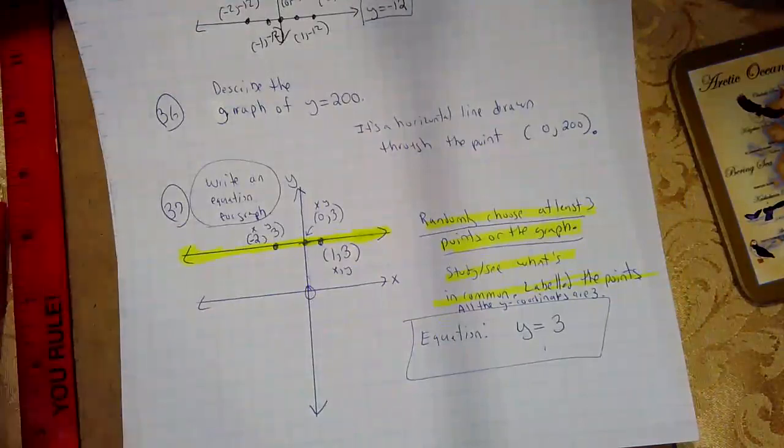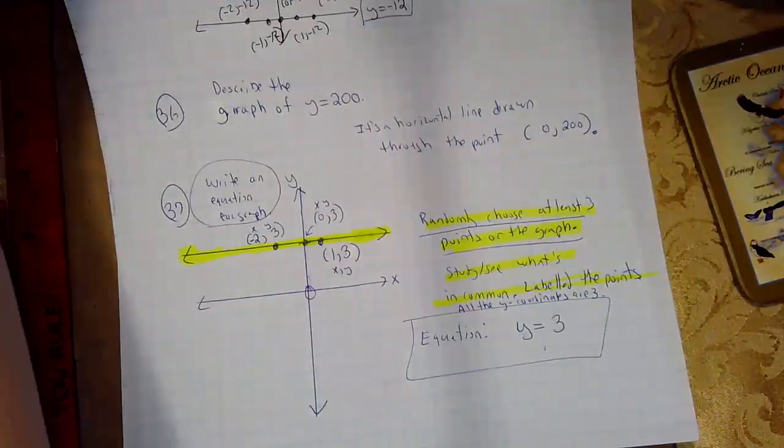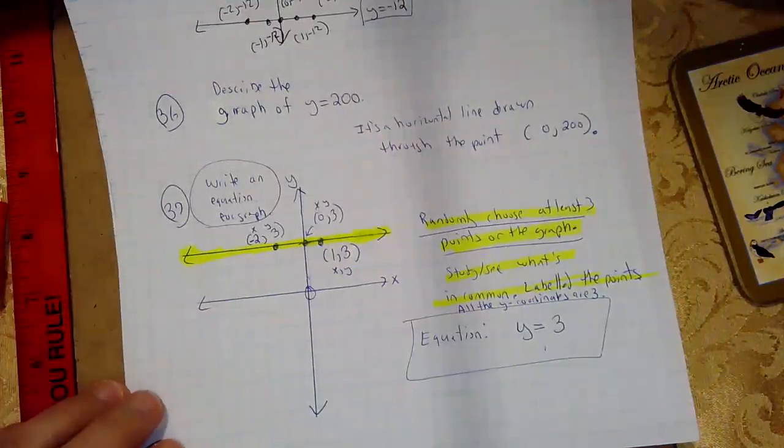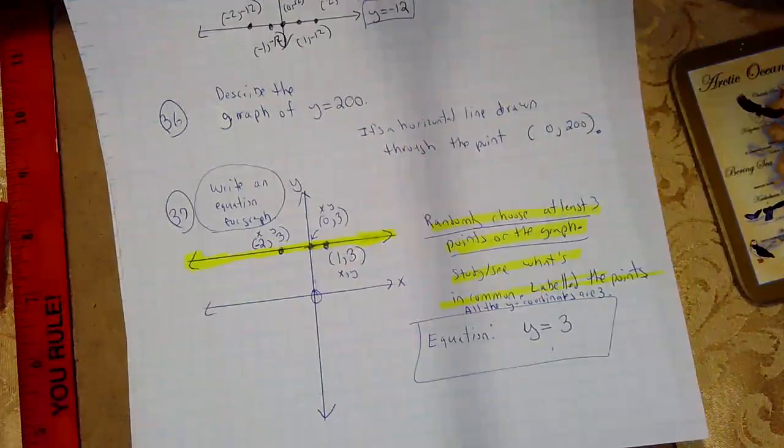That would be your equation, and we'll know the equation. Okay, and then on 38, they want you to graph the linear equation x equals 1.